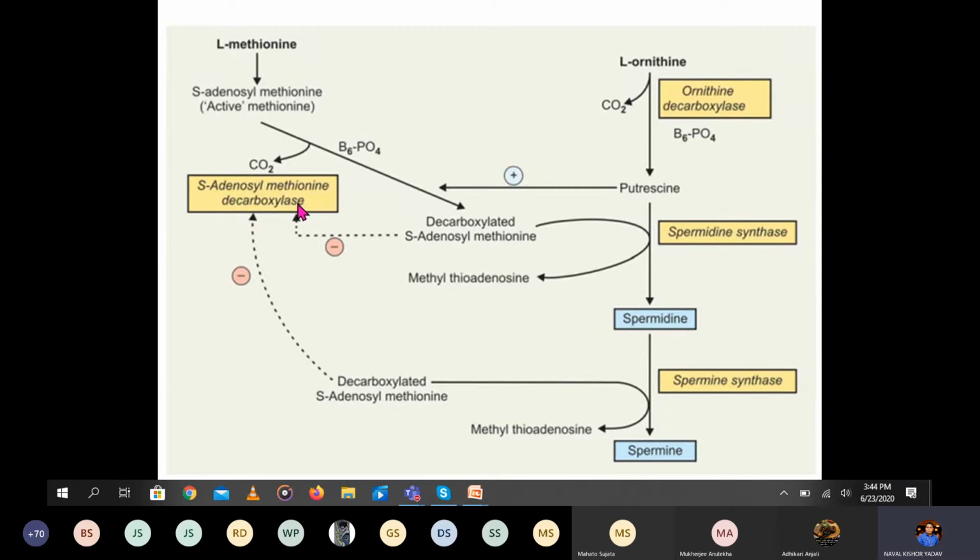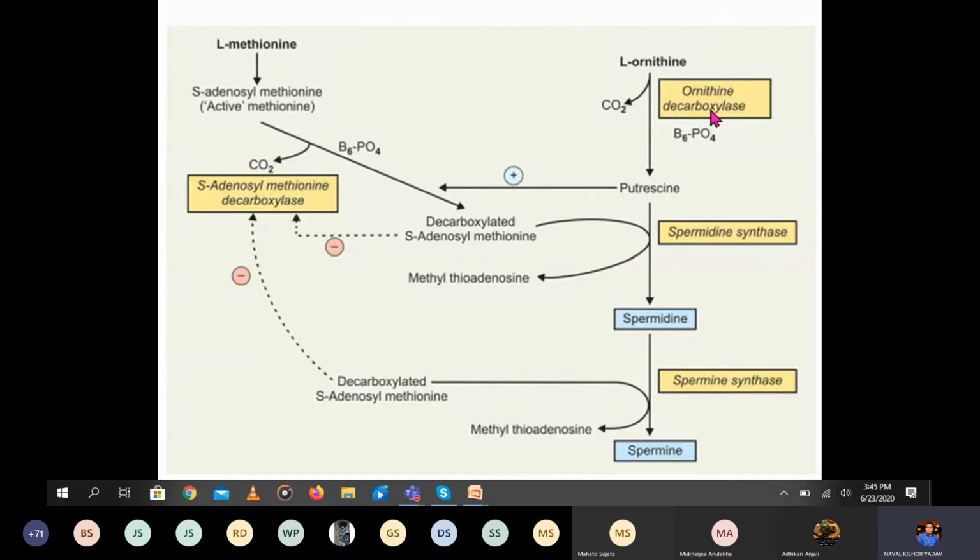So this enzyme will be inhibited and this reaction will not take place, because this enzyme is inhibited by the product itself. This is another feedback inhibition. So this product itself will inhibit the decarboxylase enzyme, and S-adenosyl methionine will not break down into the decarboxylated S-adenosyl methionine.